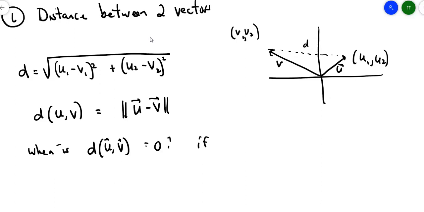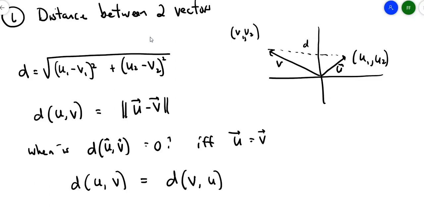Well, that happens only if the two vectors are the same. Only if vector u is equal to vector v. Okay? The other thing that comes out of this is it doesn't matter what order I do it in. So the distance between vector u and vector v is the same as the distance between vector v and vector u. Right? So order doesn't matter.